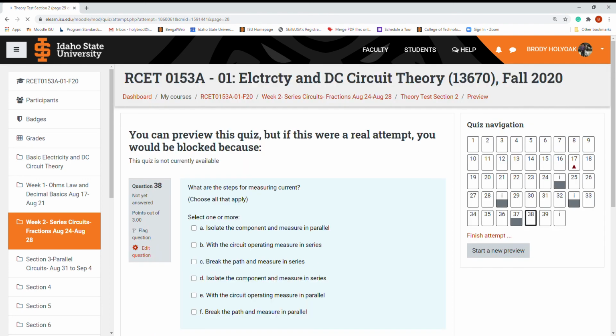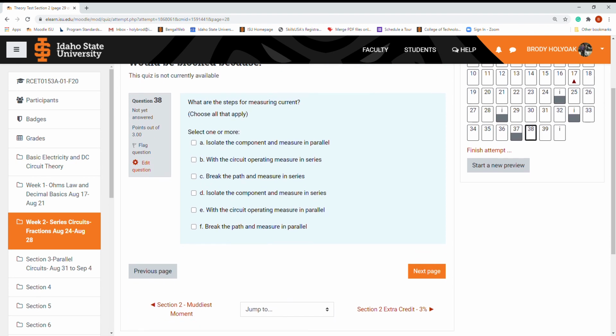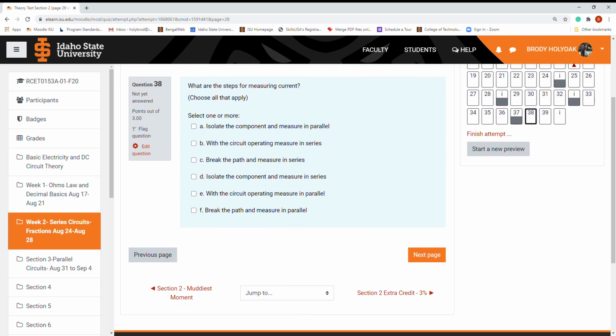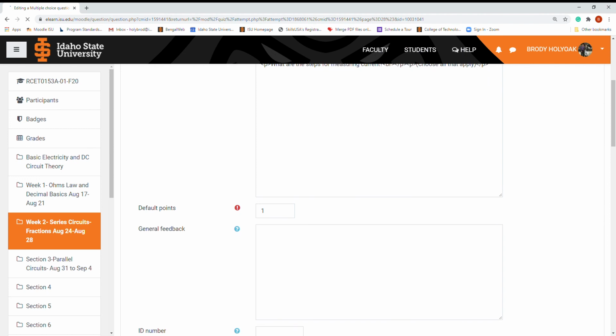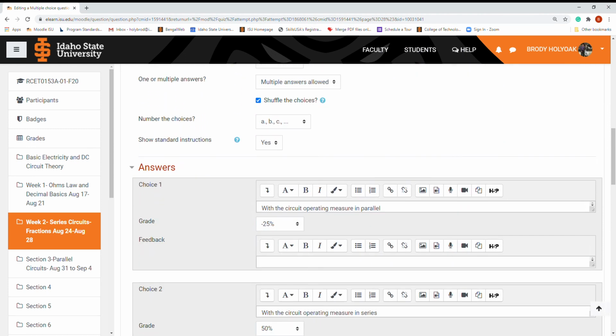Okay, 38 was how do you measure current? What do we say? Break the path, measure in series, and with the circuit operating, measure in series. You're not isolating because you can't measure current if you don't have any power.